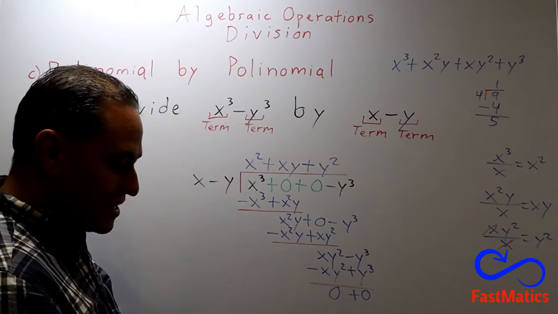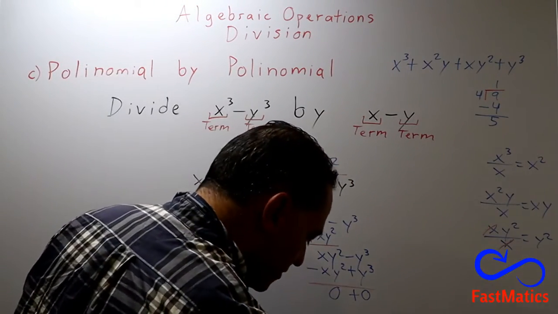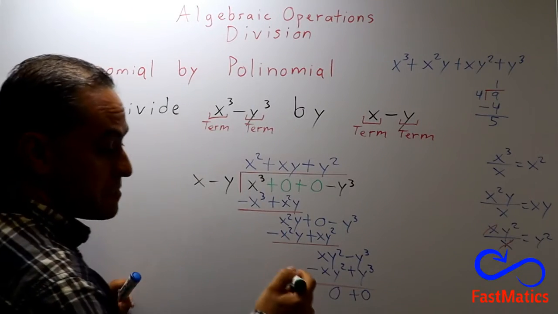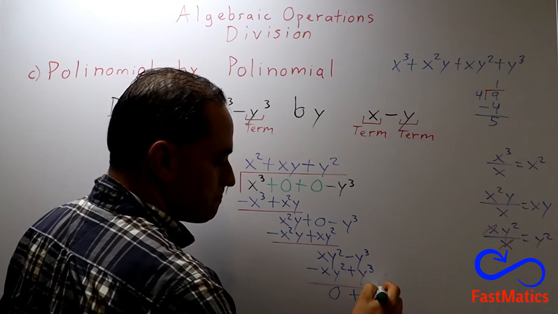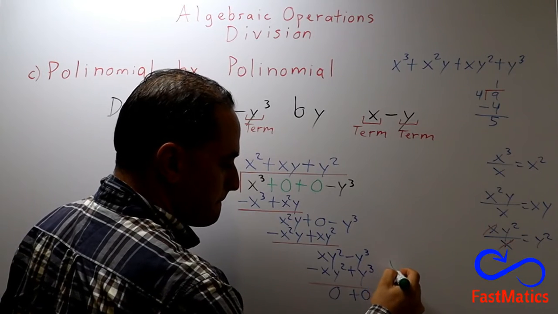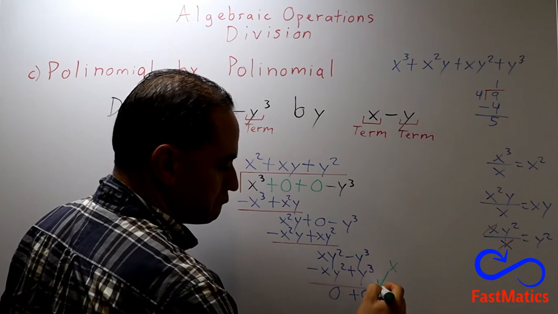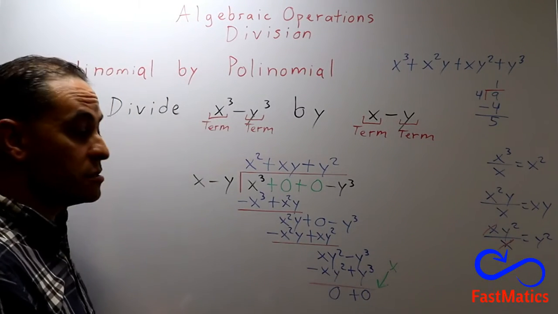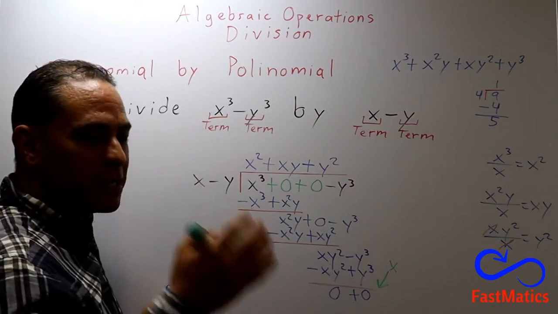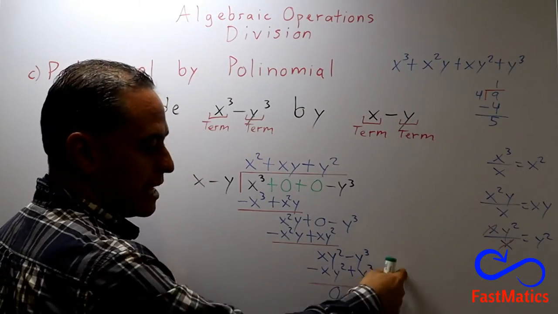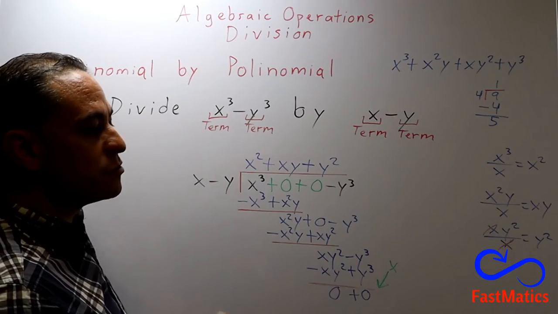But what happens if here, for instance, you get x? It is not real, but imagine you have here x. How to write the answer?